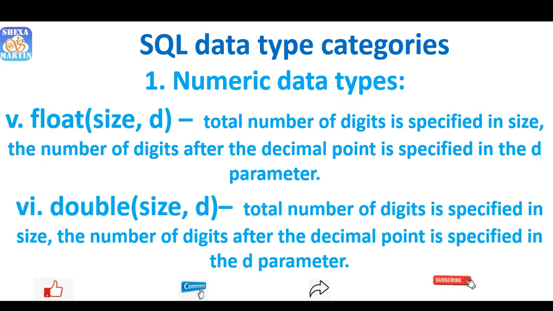And then we have double. Double is defined the same way as we define float. Total number of digits is defined by size, and d is the number of digits after the comma. But float takes less space than double. So that's it on numeric data types.